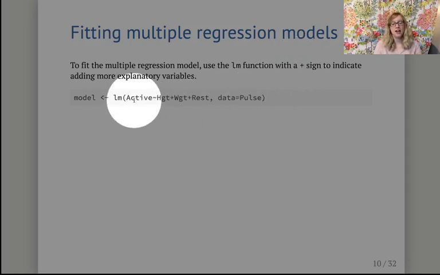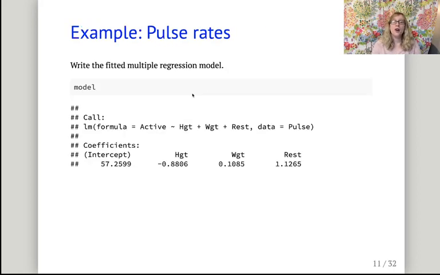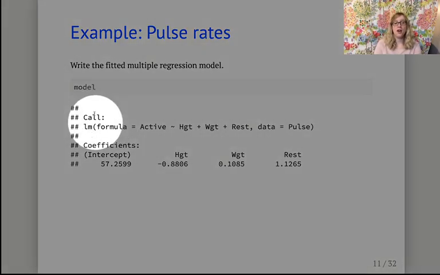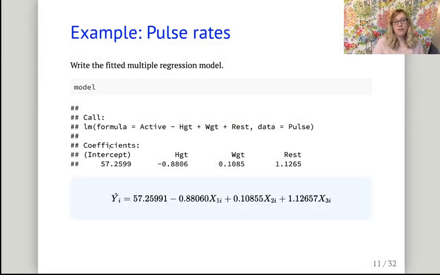So our linear model now takes active heart rate as a function of, or depends on, height plus weight plus resting heart rate. So we now just have 3 explanatory variables included in our model. So our fitted multiple regression model now has 4 coefficients, 1 for the intercept and then 1 slope for each variable. So our fitted multiple regression model is 57.26 minus 0.88 times height plus about 0.11 times weight plus 1.13 times resting heart rate.